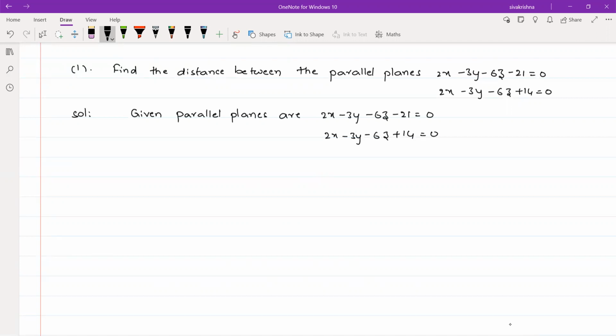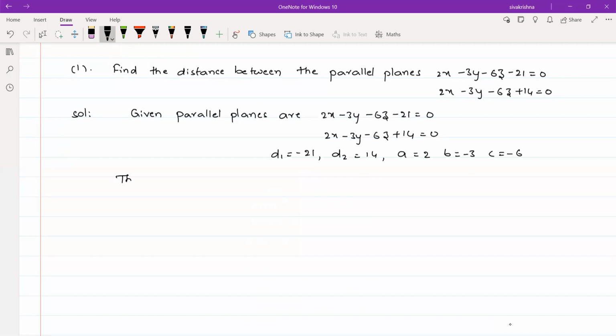Okay, from these equations we have to write down the values of d1, d2, a, b, c. Here d1 is nothing but the constant in the first equation, that is minus 21, and d2 is the constant in the second equation, that is 14. And coming to the a, b, c values, here a is 2, b is minus 3, and c is minus 6.